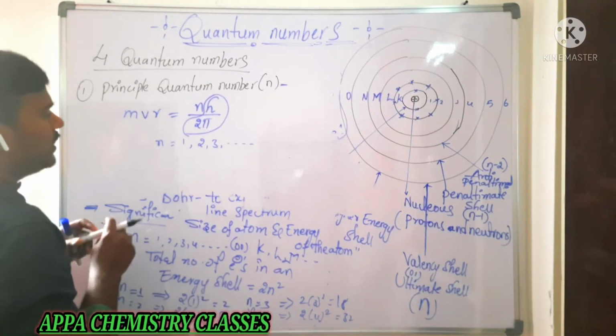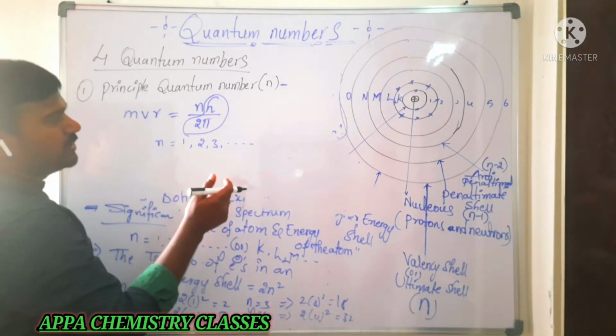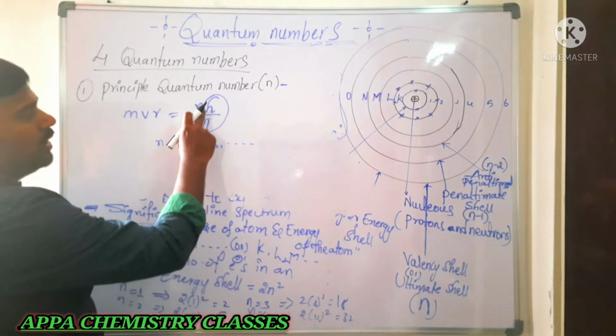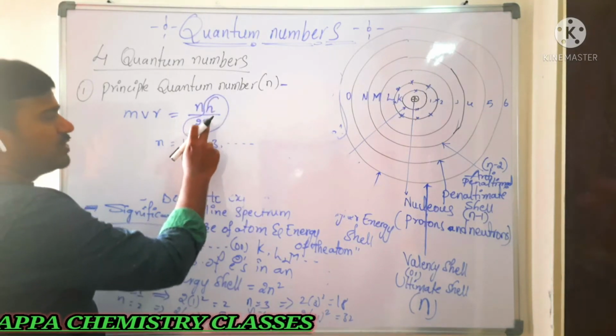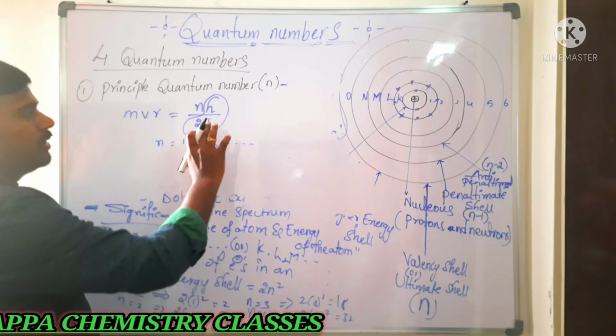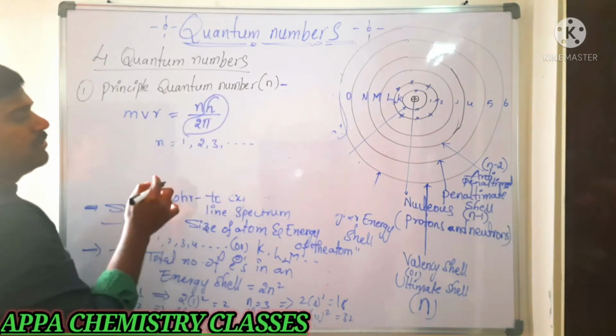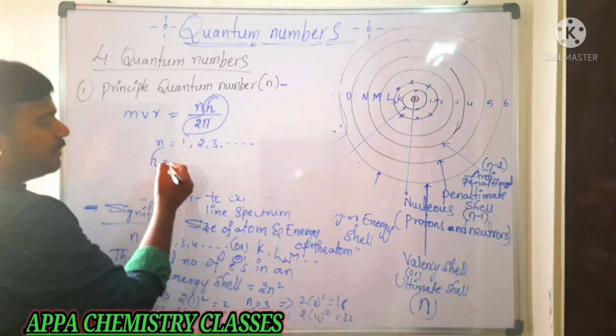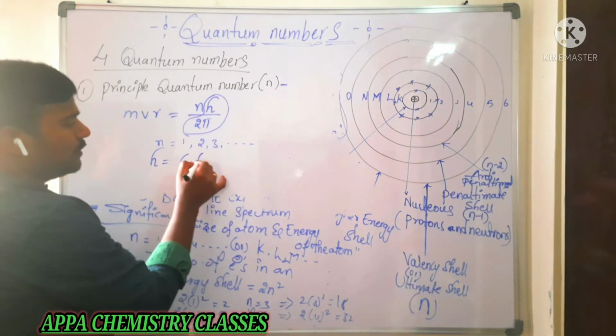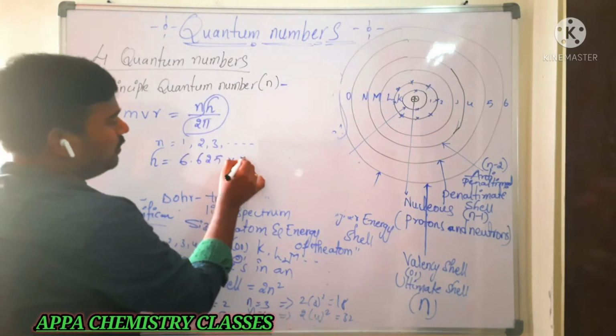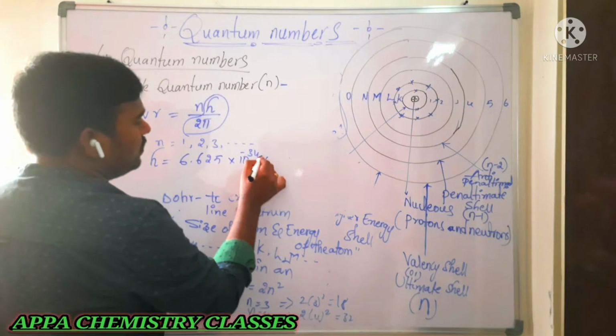If n is equal to 1, the electron is present in the first energy cell, and its angular momentum will be h by 2 pi. The angular momentum will be a multiple of h by 2 pi. What is h here? It is Planck's constant, whose value is 6.625 into 10 power minus 34 joule second.